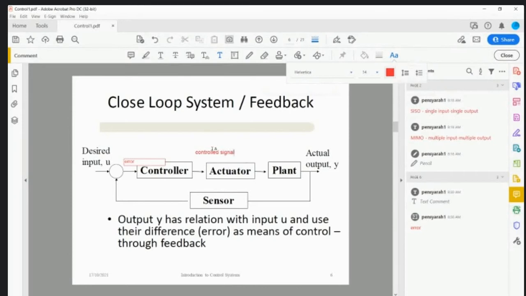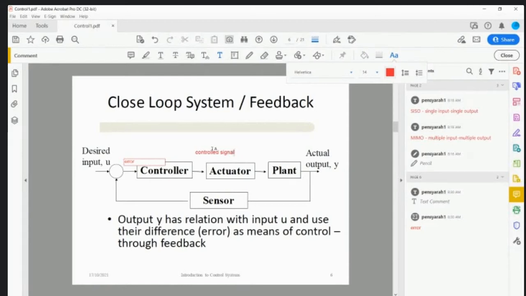The type of control signal will depend on the type of actuator, meaning what type of signal is understood by your actuator. For example, one example of an actuator is a motor.